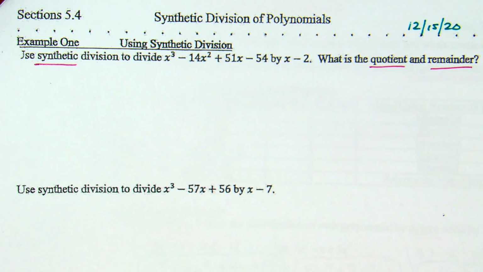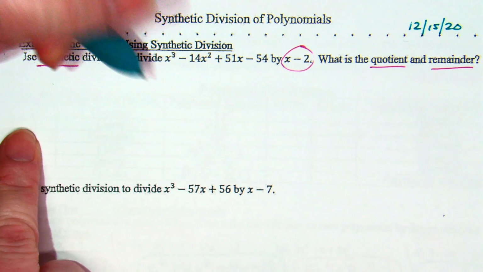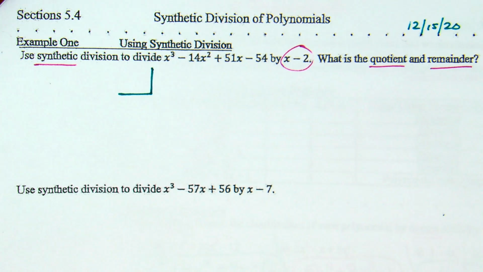So, start by looking. We are dividing by x minus 2, right? So, when we set up synthetic division, we're going to set up a little box here. And in this box is going to be the number that we are using to represent x minus 2.